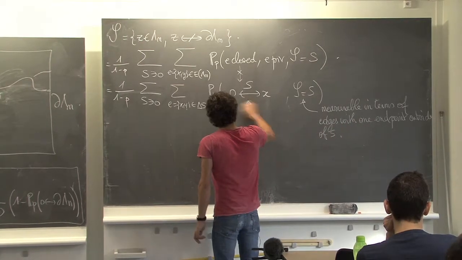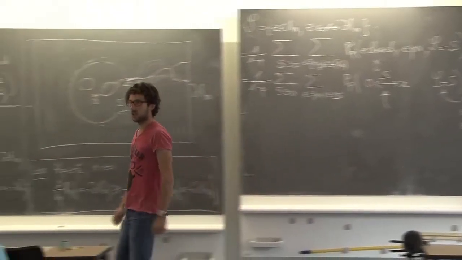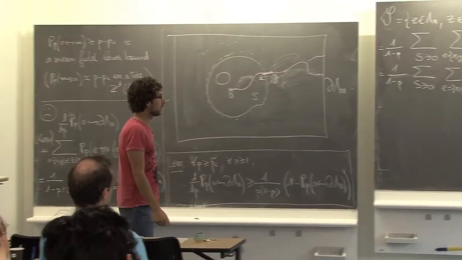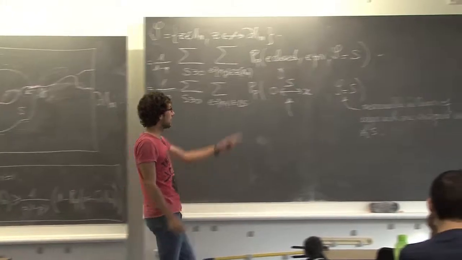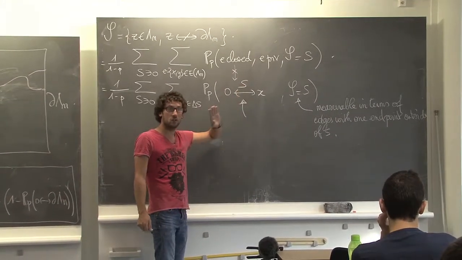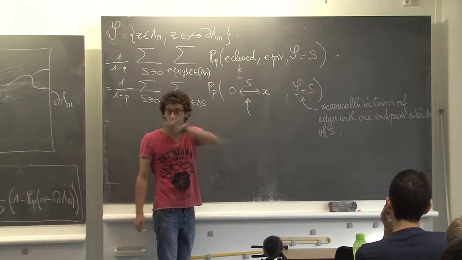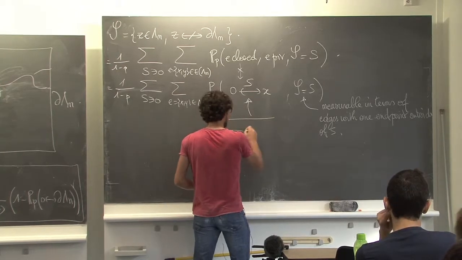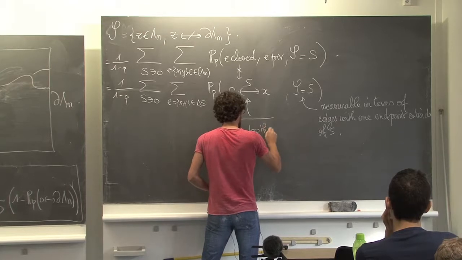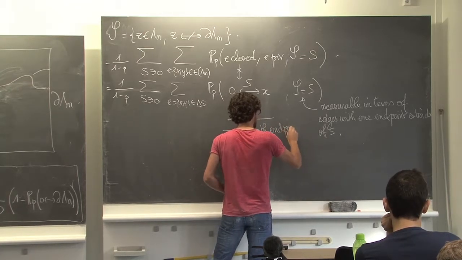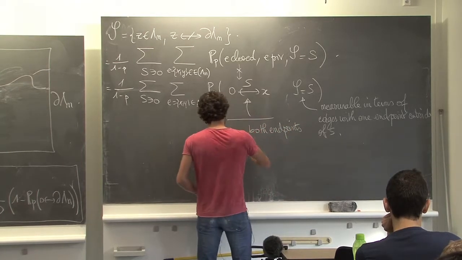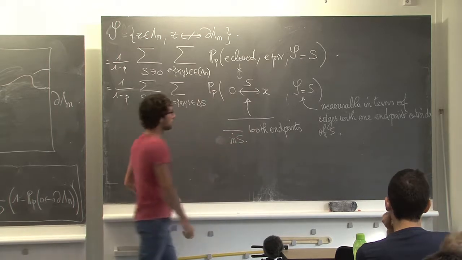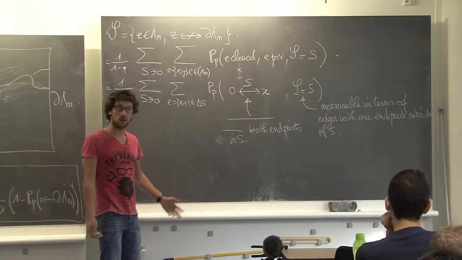What do I need to know whether 0 is connected to X in S? Well, because it's in S, I only need to know the state of edges with both endpoints in S. So this is measurable in terms of edges with both endpoints in S. So they depend on different state of edges.